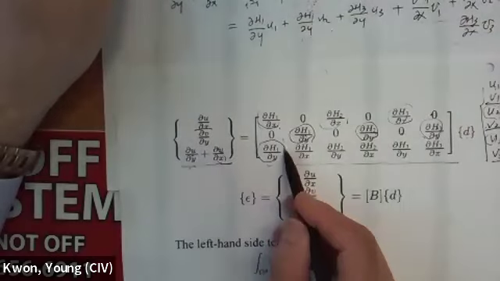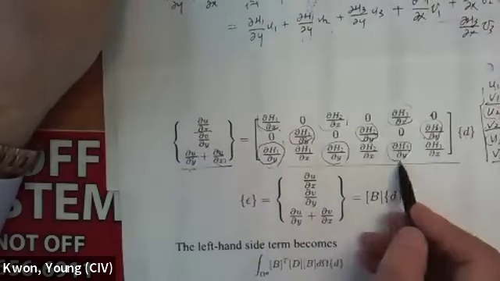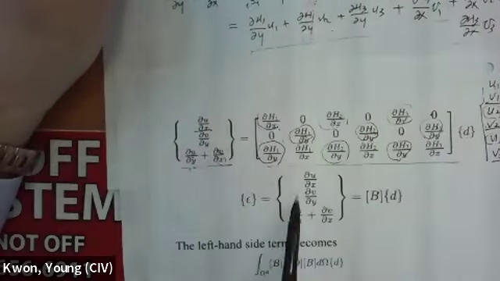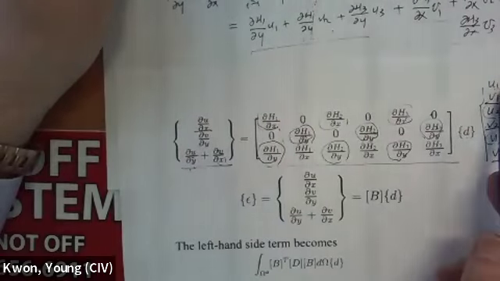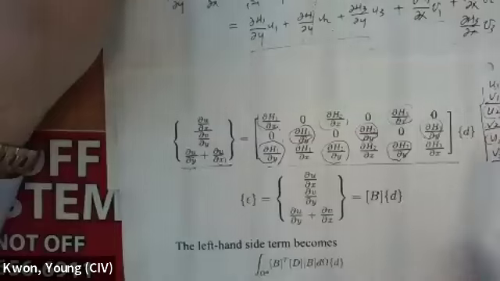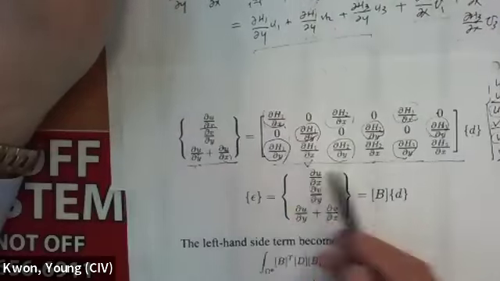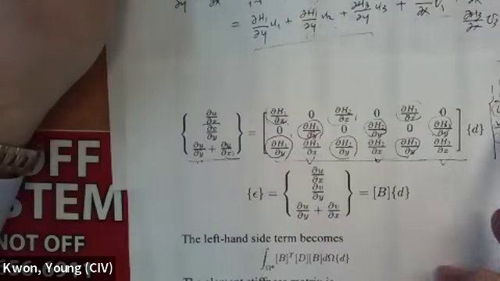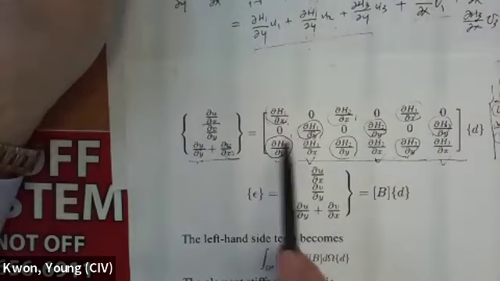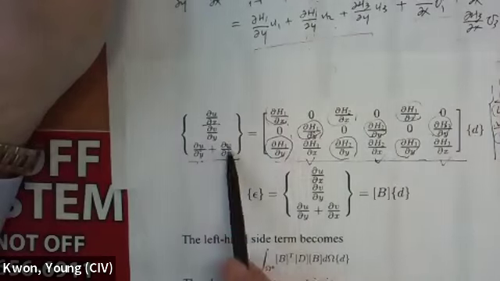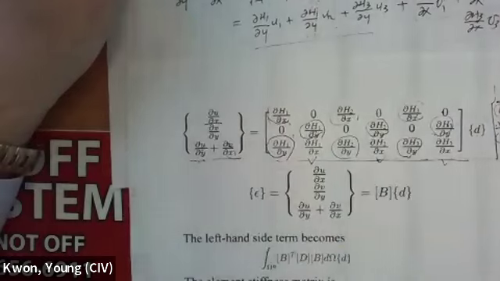So the derivative in y, those ones, multiplied by u1, u2, u3, and the derivative in x multiplied by v1, v2, v3. In other words, this is expressed in this manner.